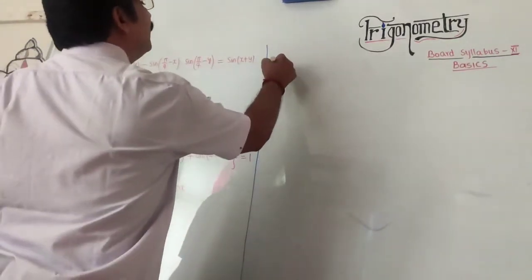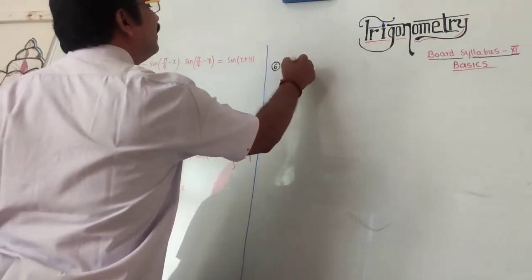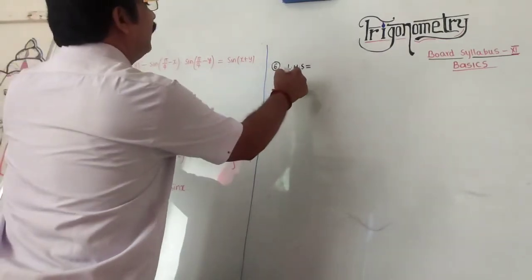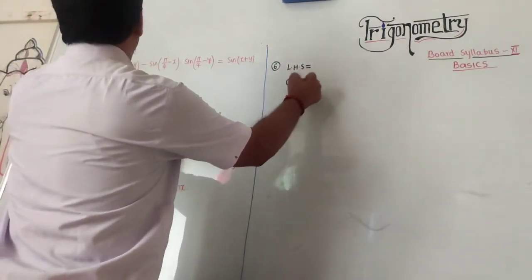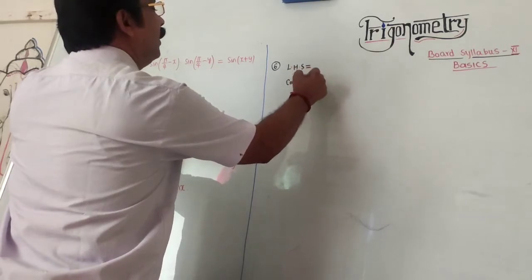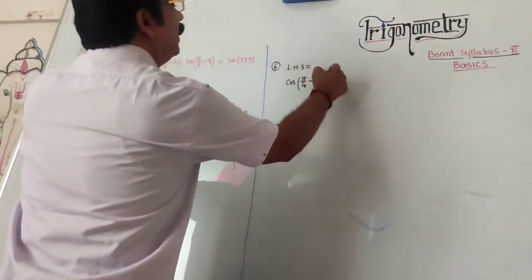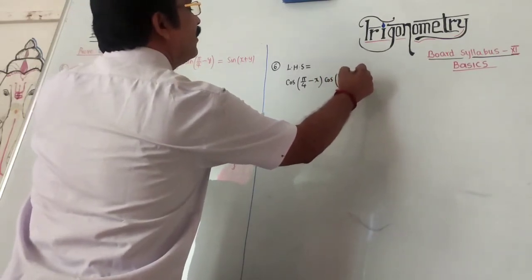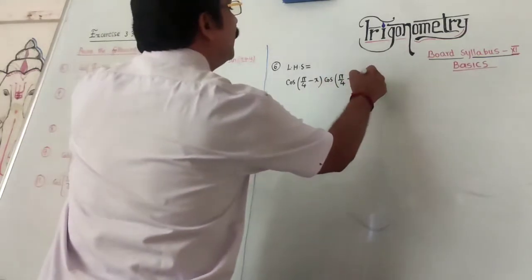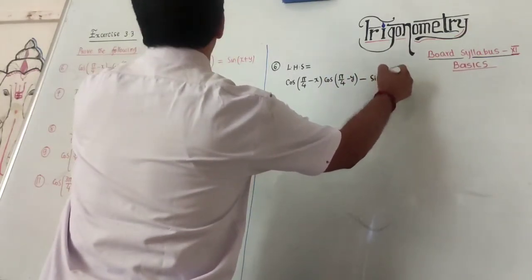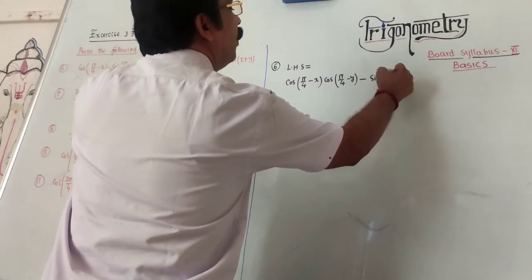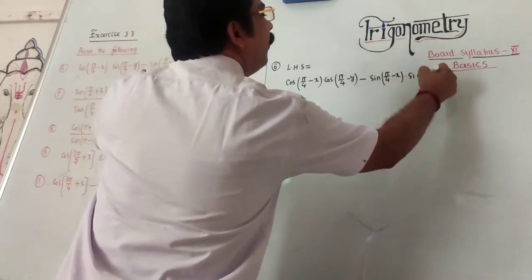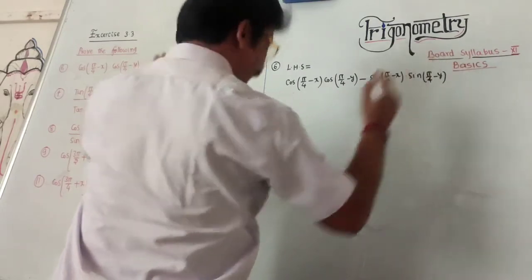So question number 6. LHS, the left hand side, is the given expression: cos(pi/4 - x) cos(pi/4 - y) - sin(pi/4 - x) sin(pi/4 - y).